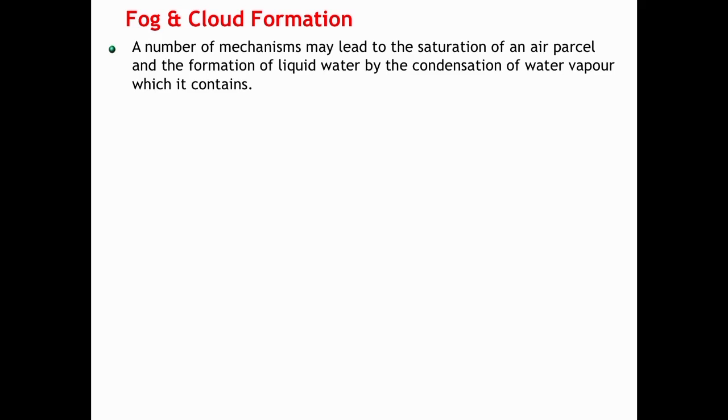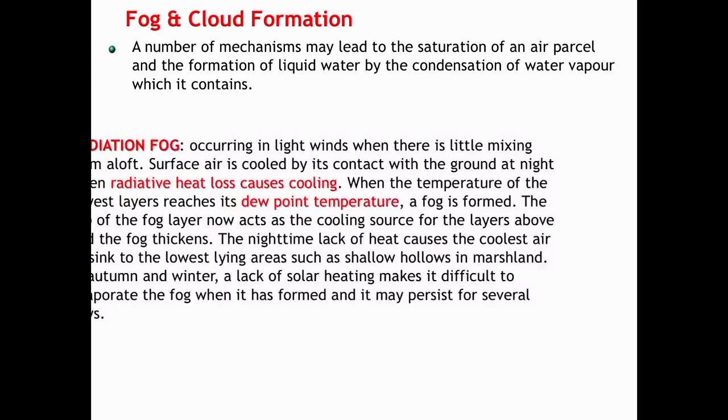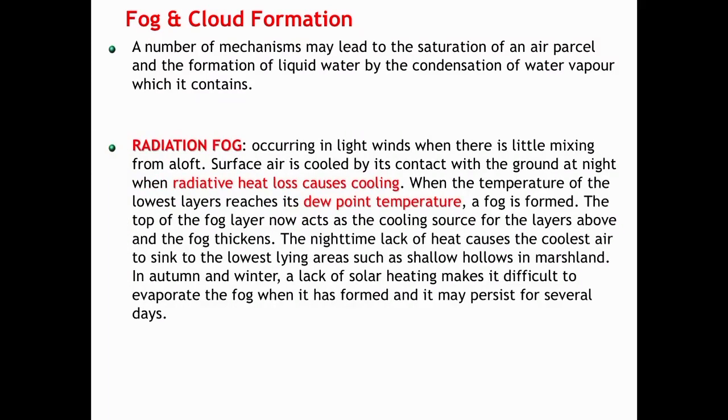So there are a number of mechanisms that you can get to saturation. If you can radiatively lose heat, causing cooling, you can get to a radiation fog. So when you reach the dew point temperature, that's just cooling horizontally.